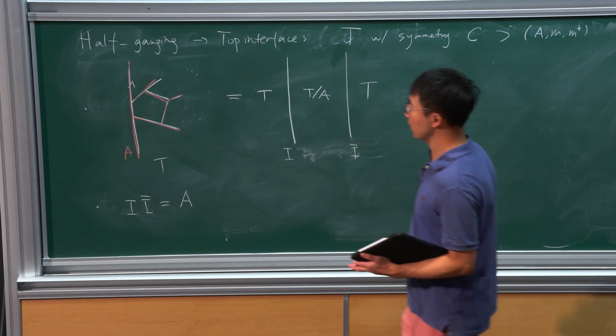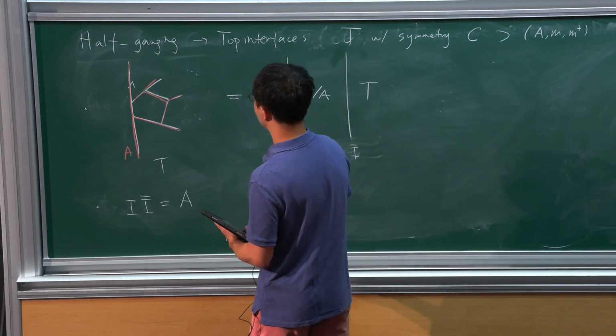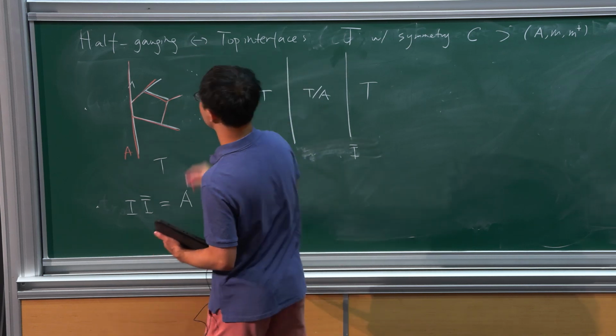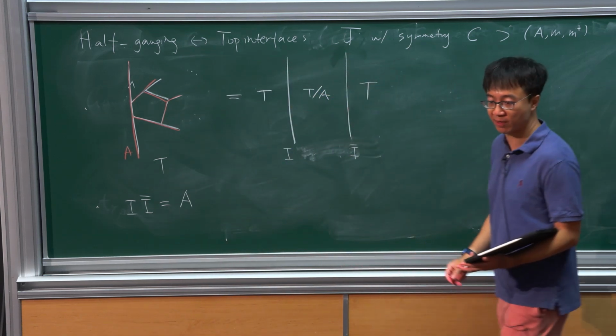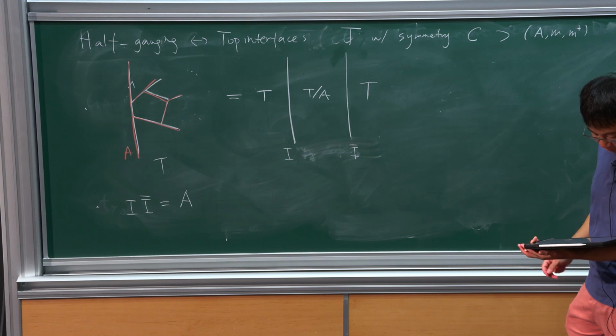So here I want to say, without explaining in full detail, that there's a correspondence between half gauging and topological interfaces, or generally families of topological interfaces.